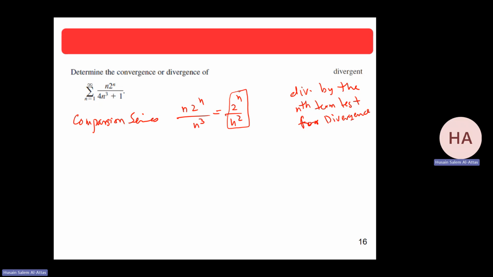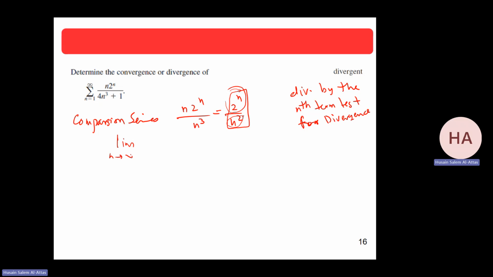Sometimes what will help, here I have an exponential function. Here I have just a polynomial. An exponential will go faster than the polynomial. That's what will help me, that the limit will go to infinity. So I'll just check it.